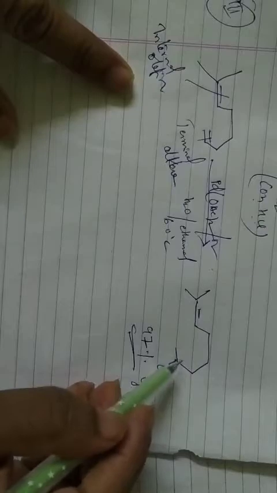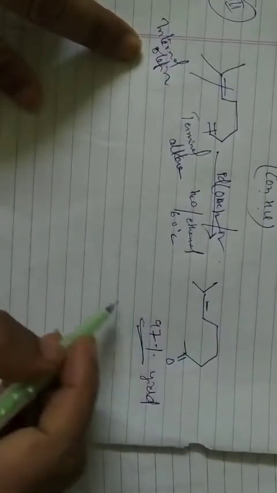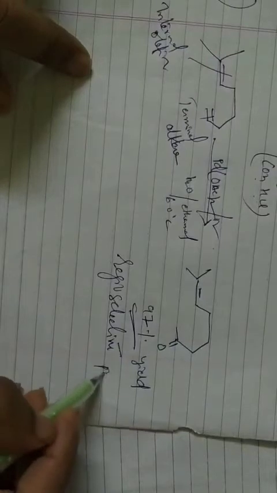So the terminal double bond is converted to ketone, whereas the internal olefinic structure remains as it is. So this is a very selective regioselective product we are going to get here, and there is no isomerism shown in this case.